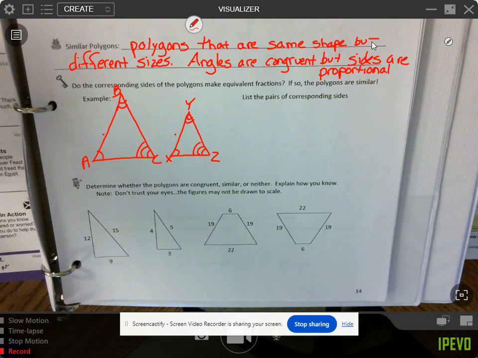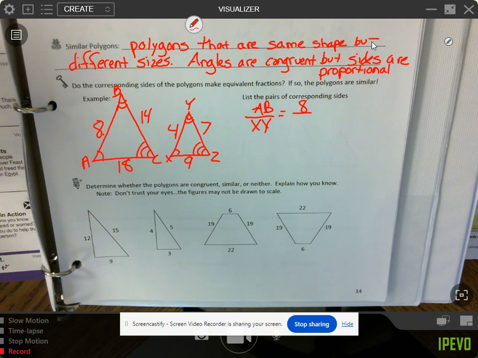So if I put side measurements on here, I might say I'm making up measurements. So if these were our lengths, I would say that AB over XY, we could see that as the same.